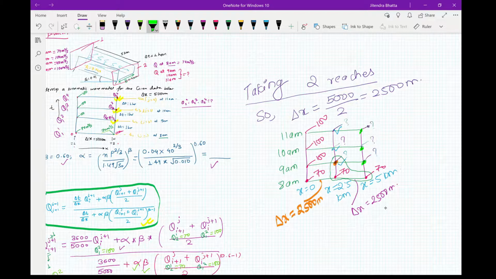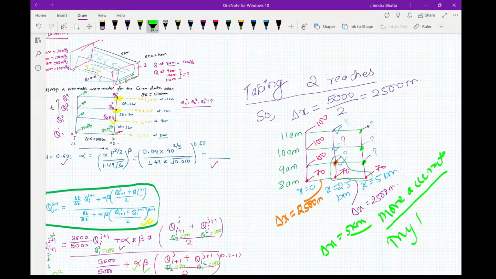So this solution would be more accurate than what we obtained using delta x equals 5 kilometers. So you can try this and see.